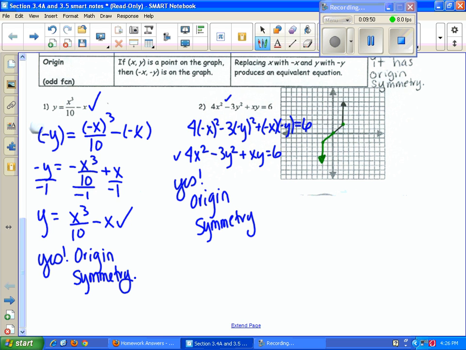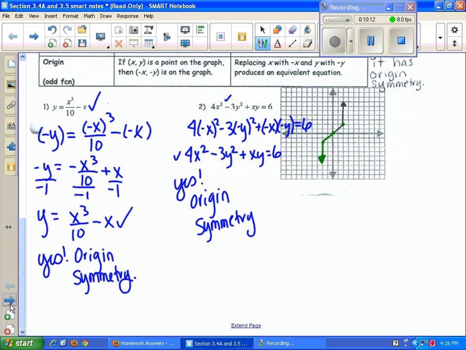And that would be a graph that has origin symmetry. And for these graphs, it's not quite as easy as folding it across the y-axis or the x-axis. But again, you just replace your x with negative x and replace y with negative y.